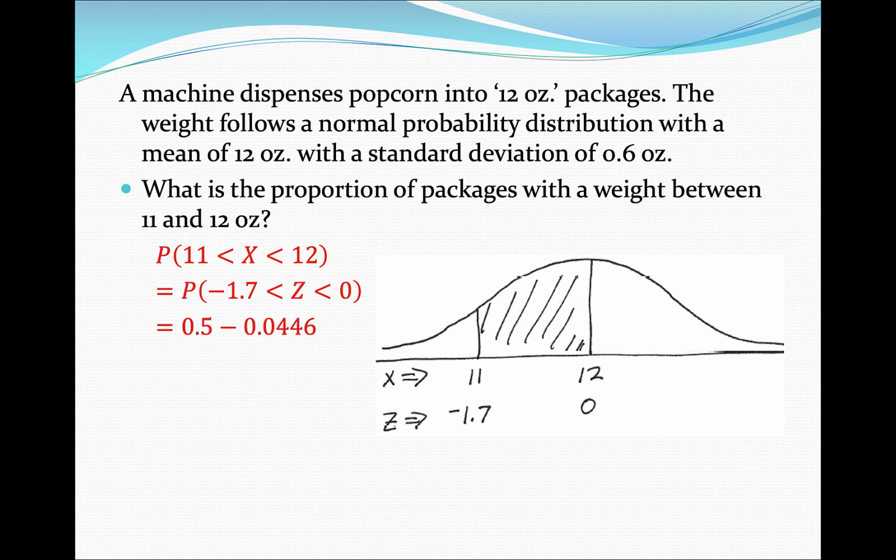If you don't recognize that, you can always look it up as well. If you look up negative 1.7, you will get 0.0446. We subtract those, and that'll give us the area in between, 0.4554. So remember, anytime you're finding the area between two values, make sure you look them both up and you subtract.